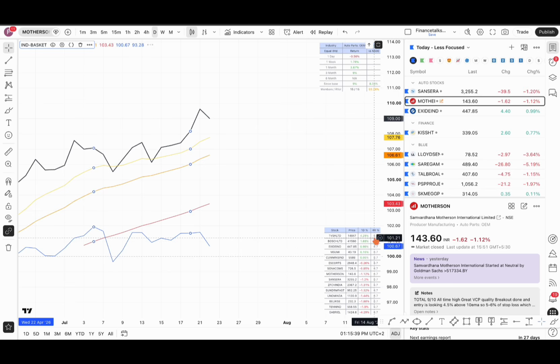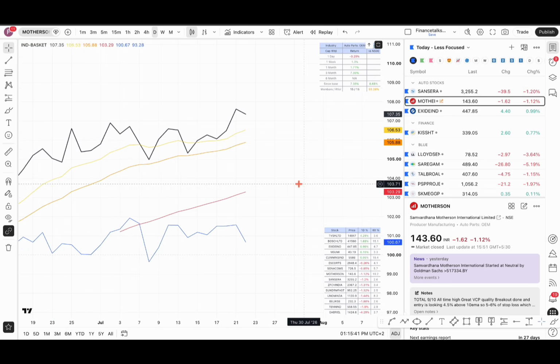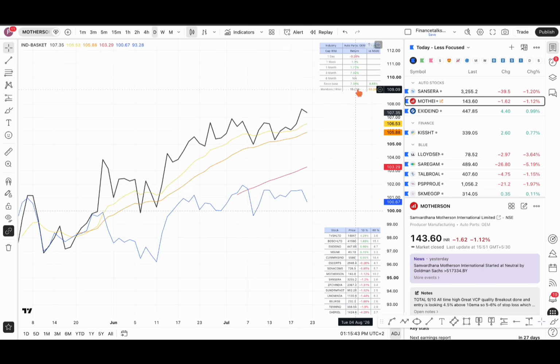you see now there will be a change in weights. Now you see it has given 7.35% returns if we calculate the top 15 stocks. 7.35% returns in the 3 months, 1.7% in 1 month, and in the last 1 week 1.3% returns.